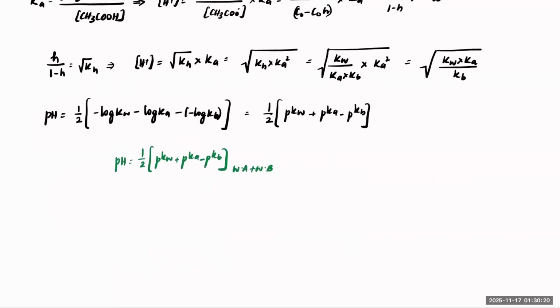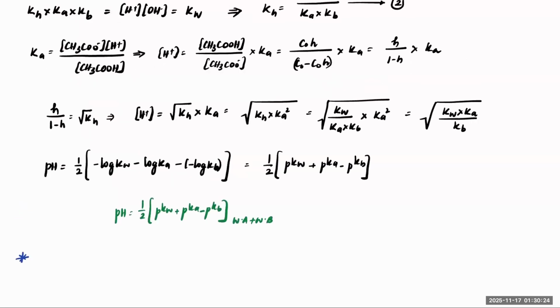What are the important takeaways from this derivation? One, if you may have noticed, the H plus concentration is now independent of initial concentration.